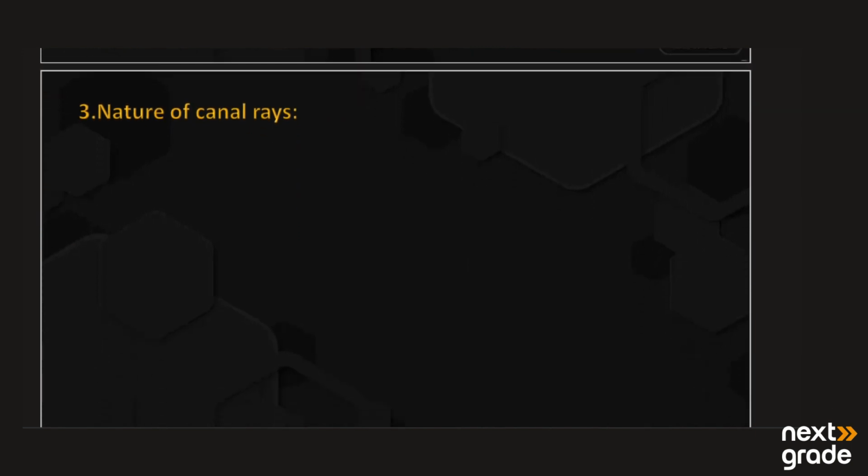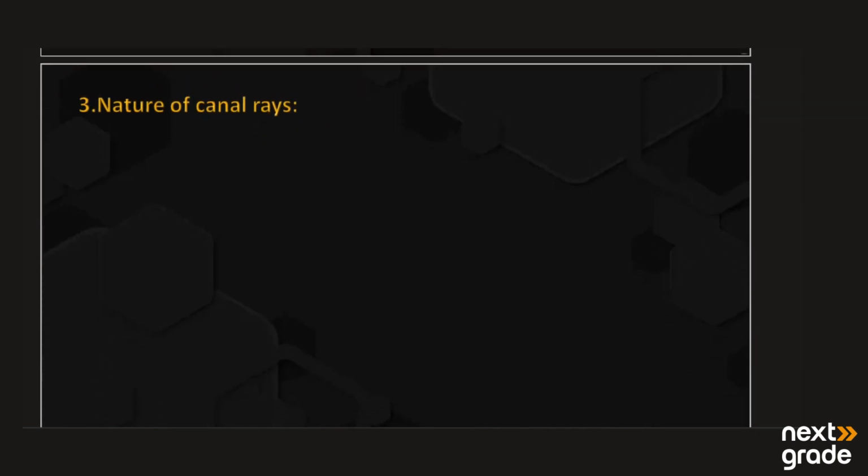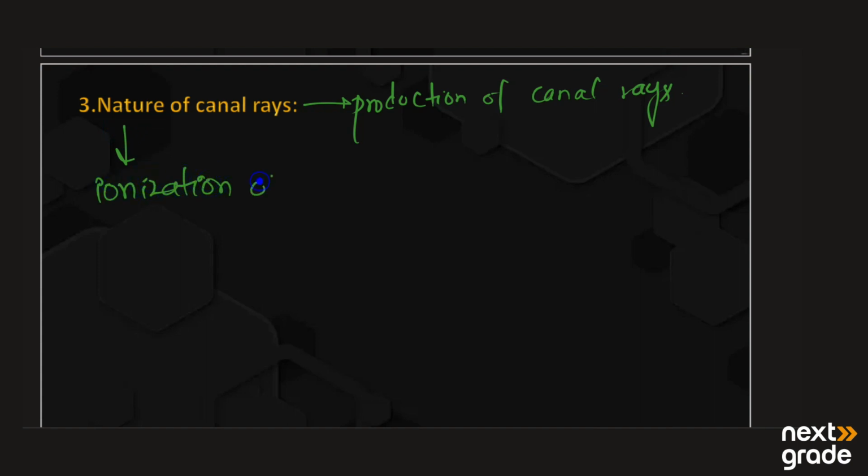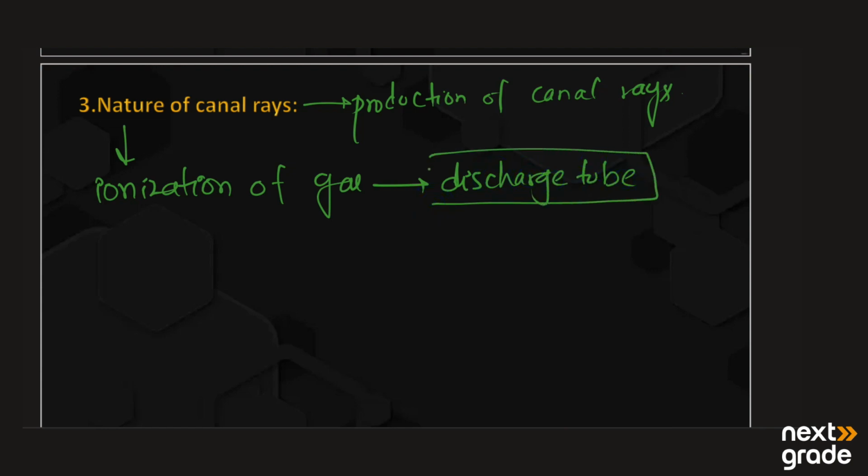Next we have the nature of the canal rays. When we talk about the production of canal rays, they are basically produced by the ionization of the gas present in the discharge tube.